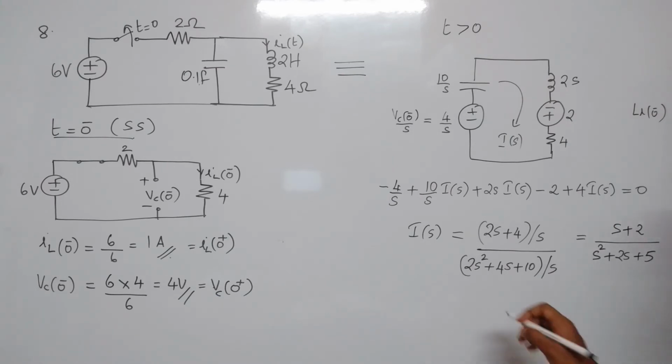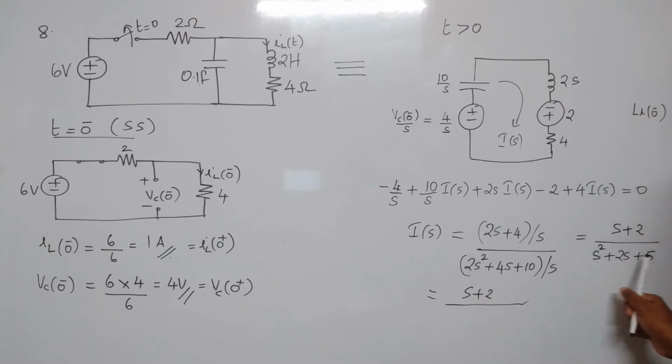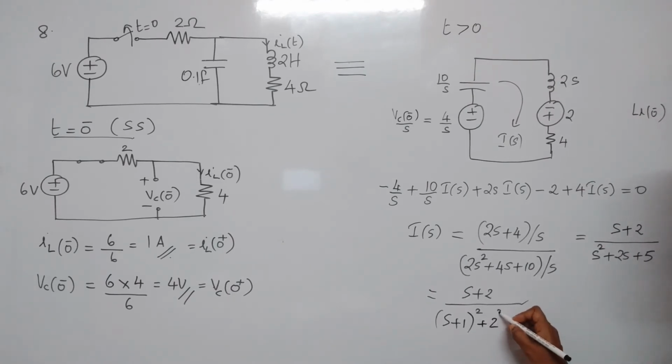Now this can be written as S plus 2 by S plus 1 the whole square, that is S square plus 2S plus 1. The remaining is 4, which can be written as 2 square. Okay.